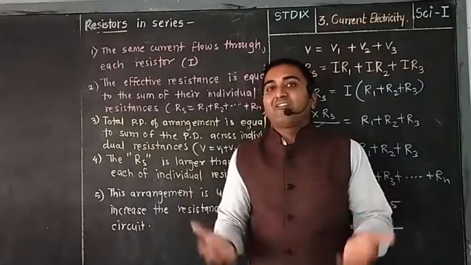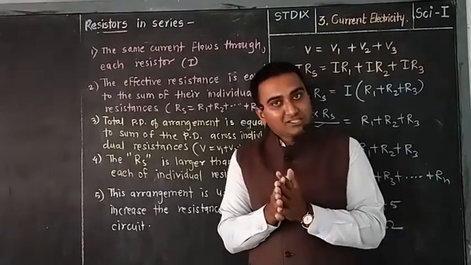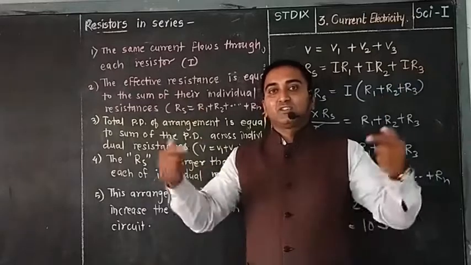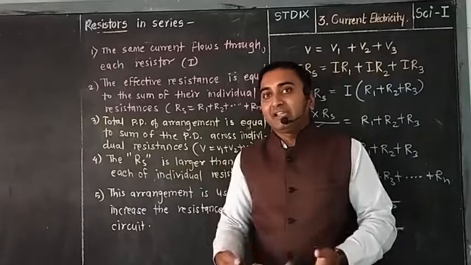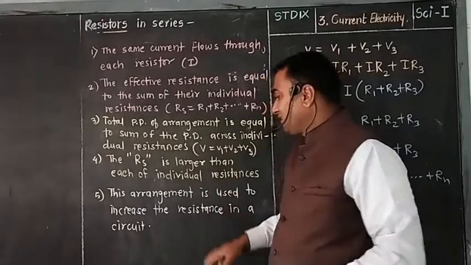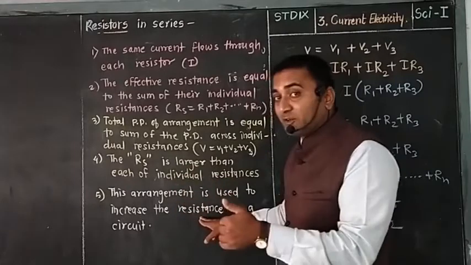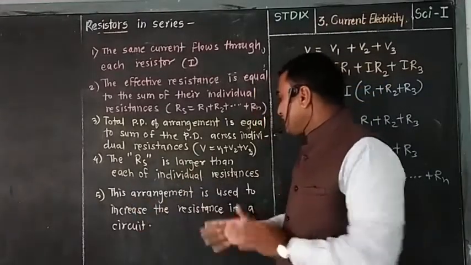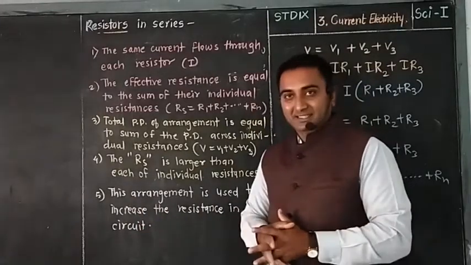So when you have resistors of less resistance, and you want to increase the resistance in a circuit, place all the resistances you need in series combination, then there is an increase in resistance, because 2 plus 3 plus 5, 10, increased. So last one here, this arrangement is used to increase the resistance in a circuit.